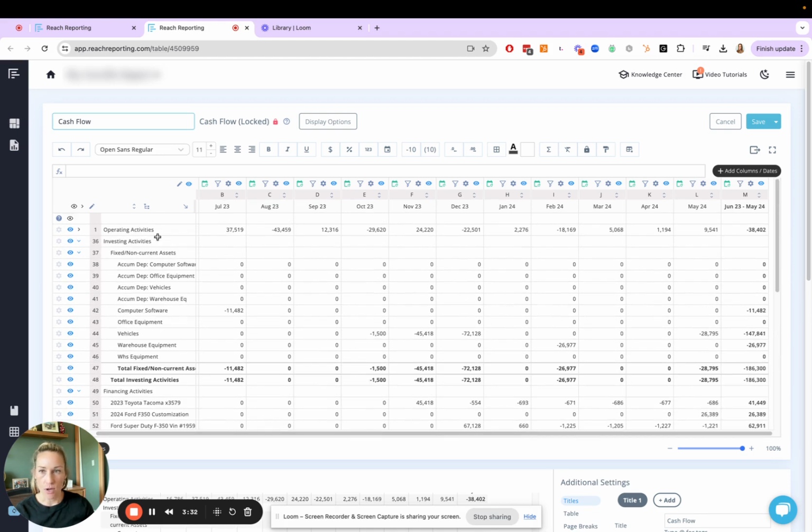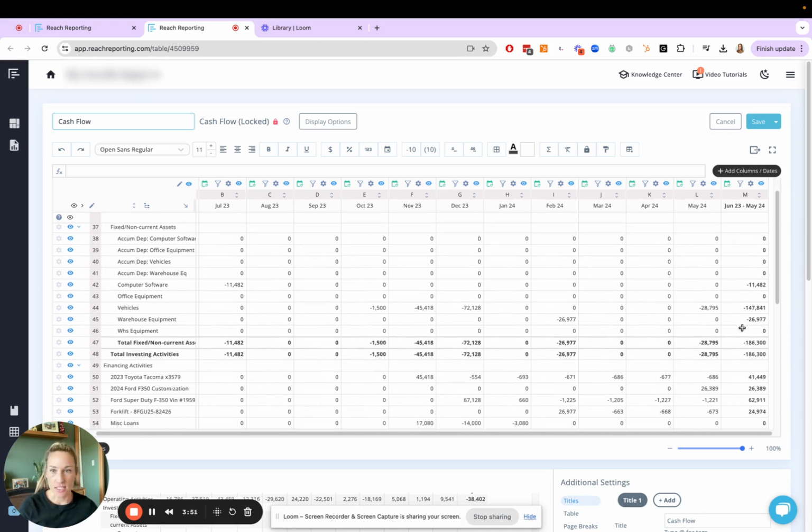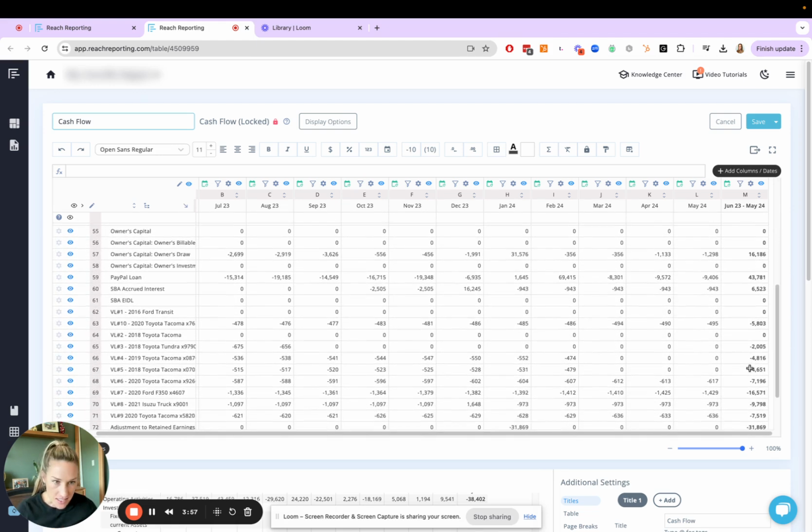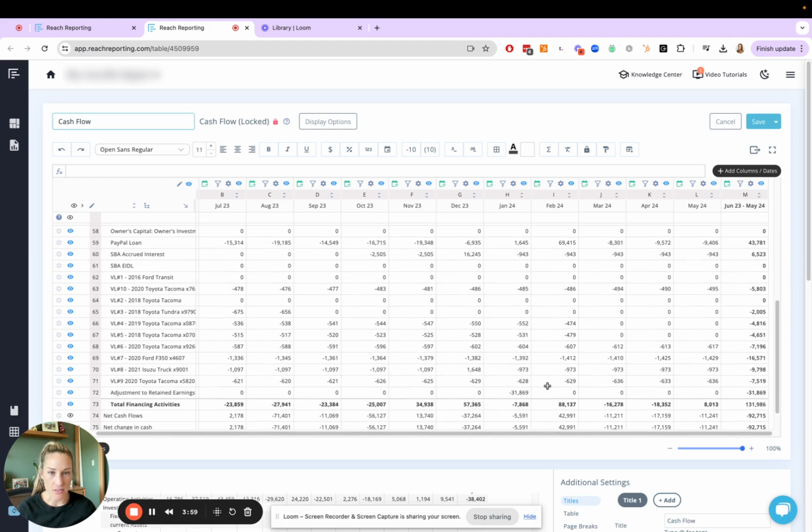So what we're going to do to explain this to a client is say, hey, for all of your operating activities for the last 12 months, for the full year, basically your cash basis profit and loss statement, from operations, you lost $38,000. And then you went out and purchased vehicles and spent $186,000 on that. And then you had to pay back a bunch of loans.